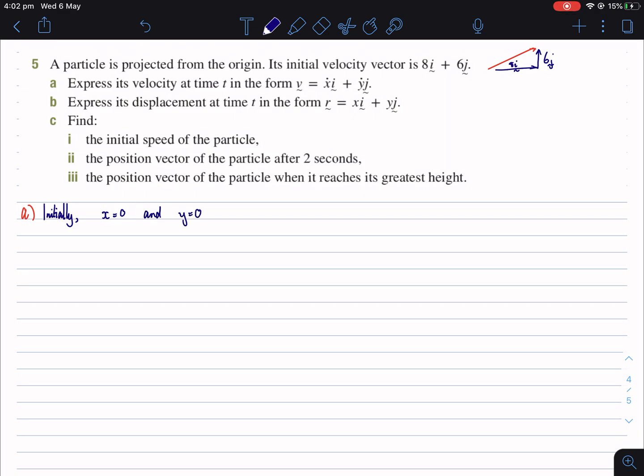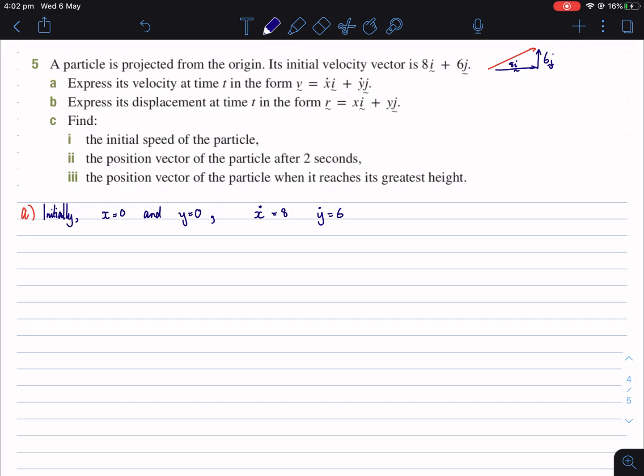So the x component of the displacement initially is 0, and initially the y component of the displacement is 0. And we know that the x component of the velocity is 8 and the y component of the velocity equals 6.